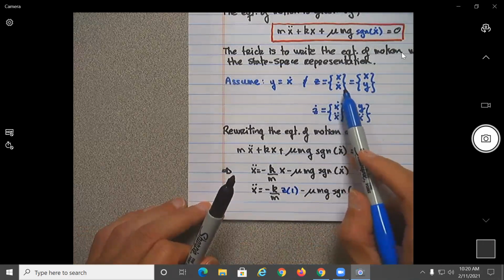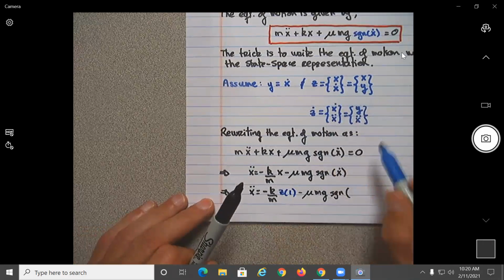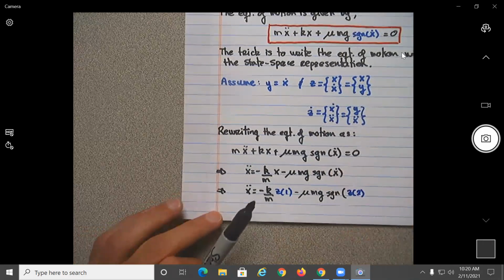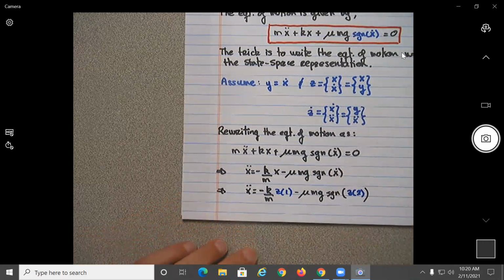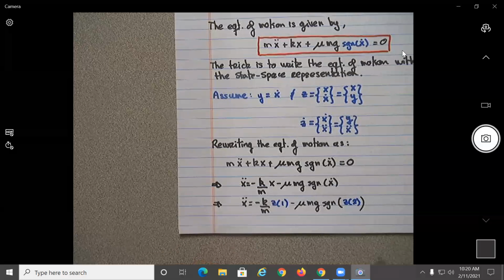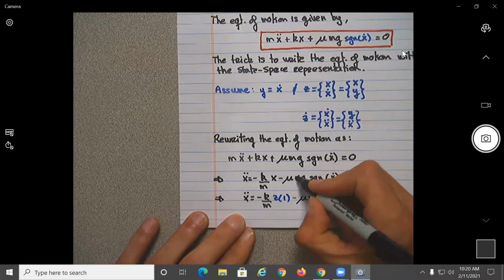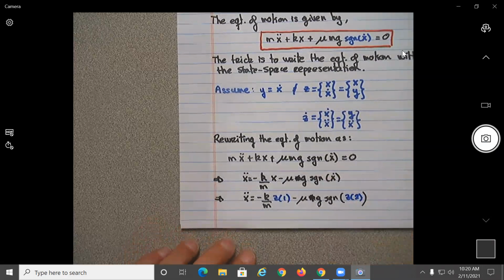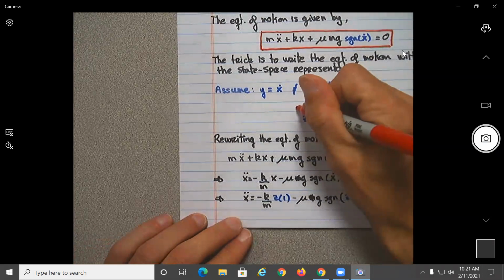What would be x dot? x dot would be this one over here, z2. So guys, yes, good correction. When I divide here by m, this m disappears. So here it's mu g sign of z2. All right, so the whole thing is this.